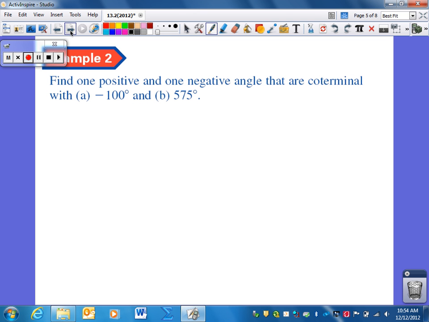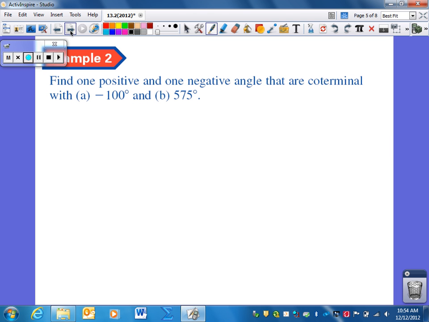Find one positive and one negative angle that are coterminal with part A is a negative 100 degrees, part B is 575 degrees. How many degrees are in a circle? Yep. So that's all you're doing.